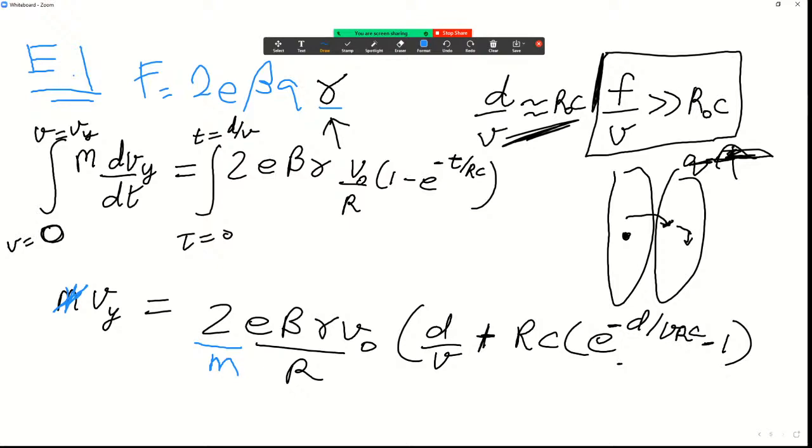So that could simplify if we approximate. Okay, if we apply similarity for this, then we would get f over v over RC. So that would result in infinity, and that would give us 0.